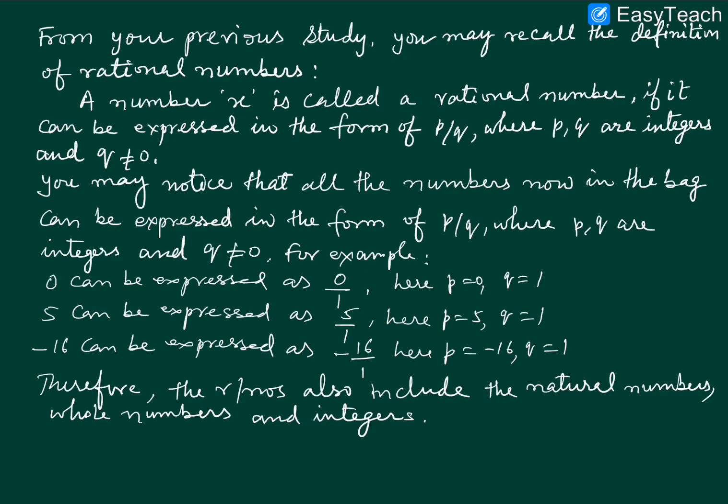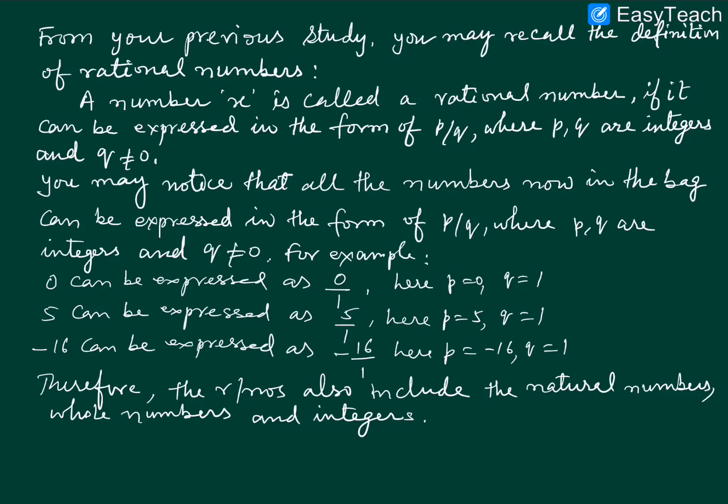For example, 0 can be expressed as 0 by 1. Here p is 0 and q is 1. 5 can be expressed as 5 by 1. Here p is equal to 5 and q is equal to 1.